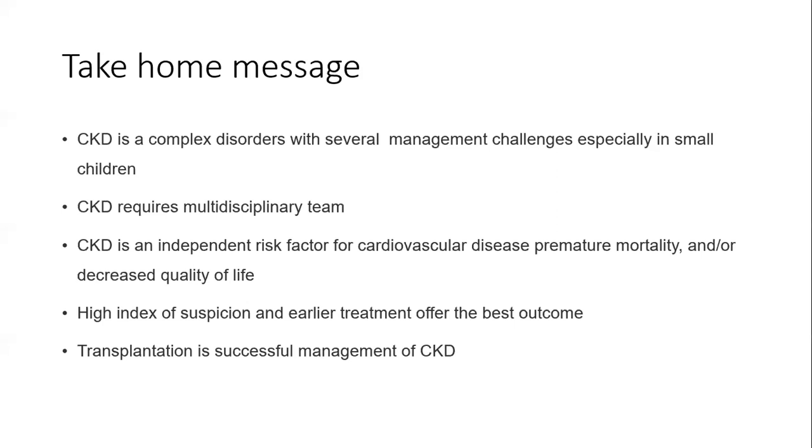Our machine in Kenyatta cannot dialyze any dialysis flow rate which is less than 150. So for those weights, you can't do any hemodialysis. However, at the more hospital, they can even dialyze a neonate, which we don't have in our setting.